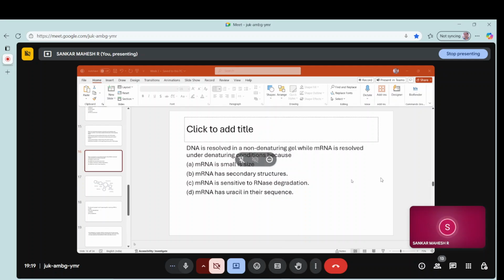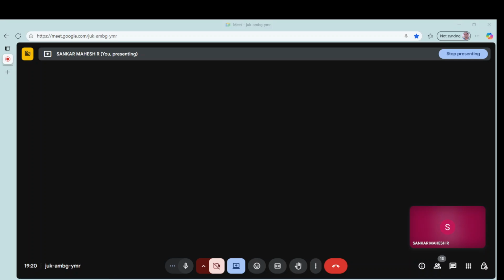Okay, so the thing with RNA, specifically mRNA, is it can form something called Hoogsteen base pairing. Unlike what we studied, that A and T form two hydrogen bonds and G and C form three hydrogen bonds, in mRNA it is different.